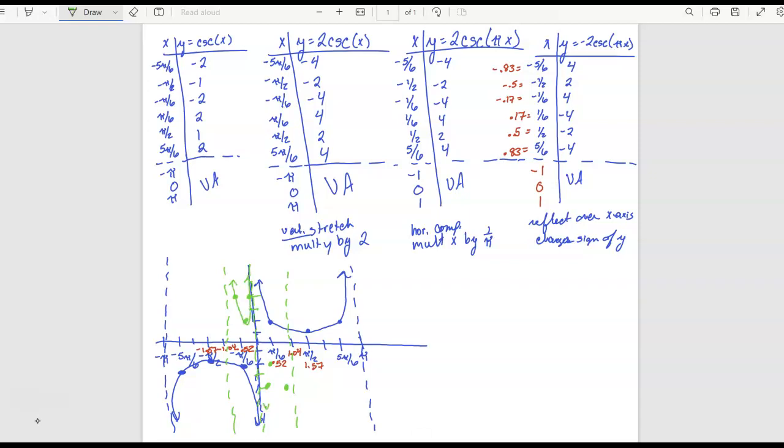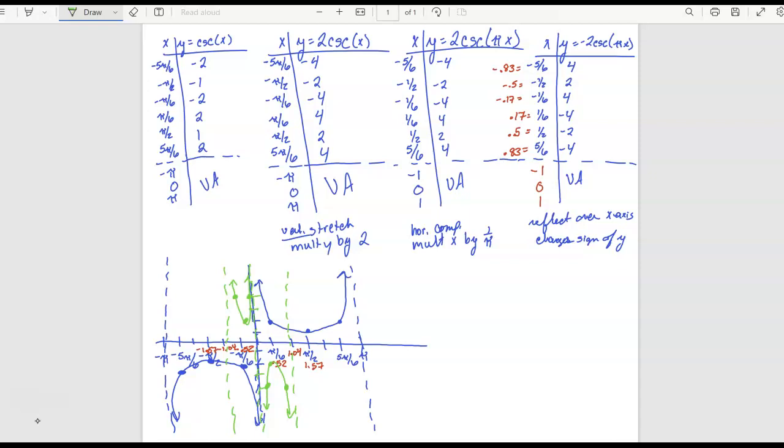So here's my graph. So you can see major changes between those two graphs. My blue one was the original. That green one really shrunk in, and that's because we multiplied those x's by a factor of 1 over pi.